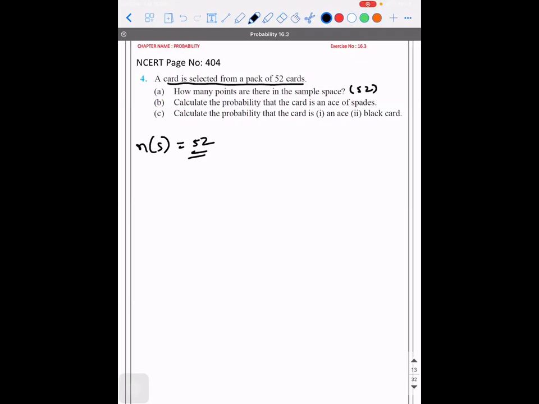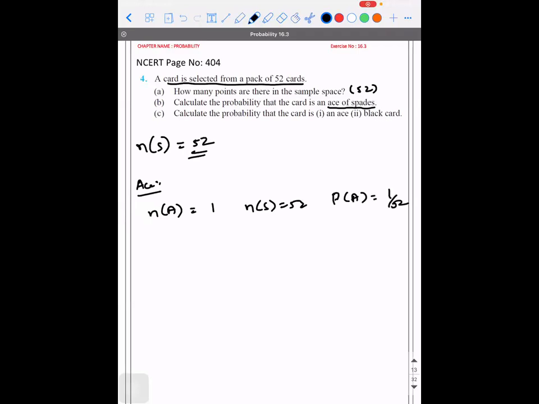Next, calculate the probability that the card drawn is the ace of spades. Sorry, I didn't read it properly. So ace of spade is going to be 1 only. Number of elements in sample space is 52. So probability of A is 1 out of 52.